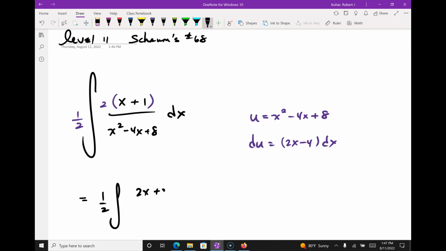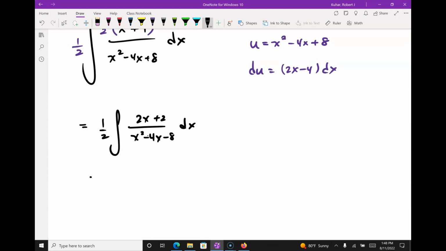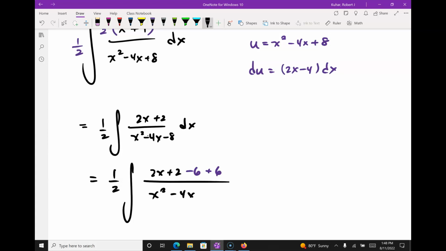And then let's see what I have upstairs now. I have 2x plus 2. Oh, darn it. What did I want? I wanted minus 4. So what I'm going to do is add nothing. So I'm going to do 1/2 of the integral of 2x plus 2 minus 6 plus 6. Remember, what do I want?